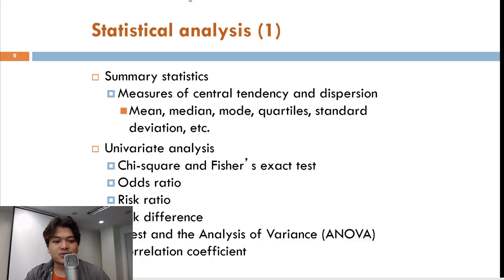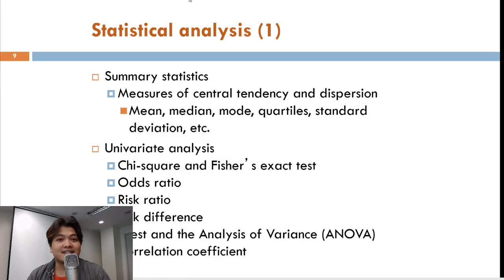You might have also heard about certain univariate analysis. When we say univariate analysis, we're only interested in one outcome variable. In the future, you'd be learning more about this. For example, chi-square and Fisher's exact test. I think you have a separate lecture for the chi-square test in the last 3 days.